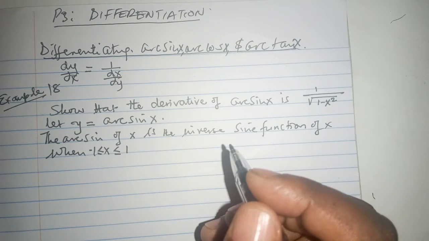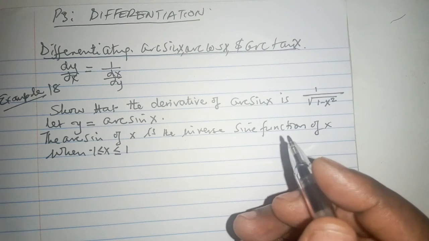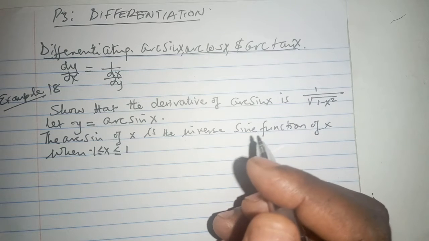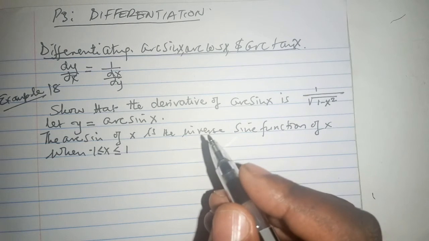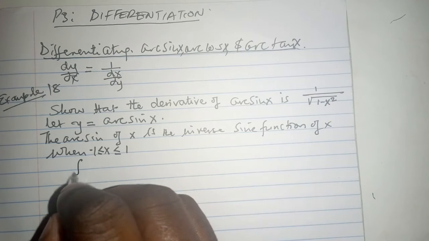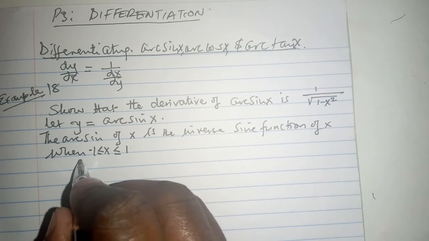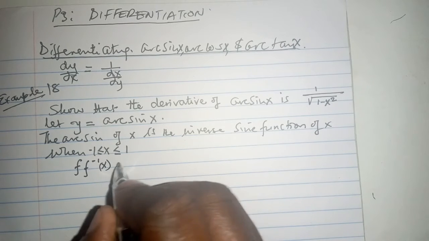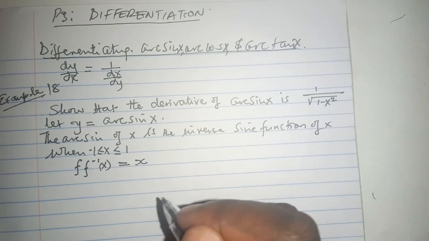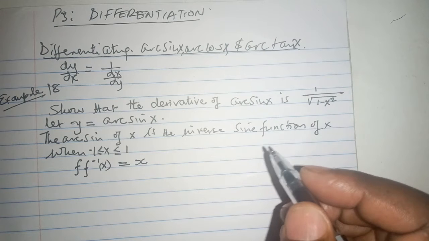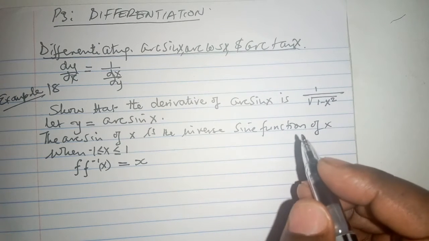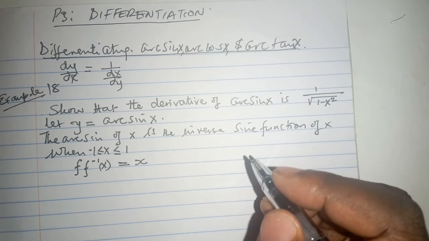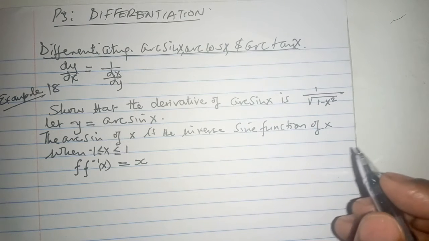The inverse function is the function that takes us back to the very original starting point. And we can make this kind of expression: the function followed by the inverse function of x is actually x. Let me explain this in clearer language.